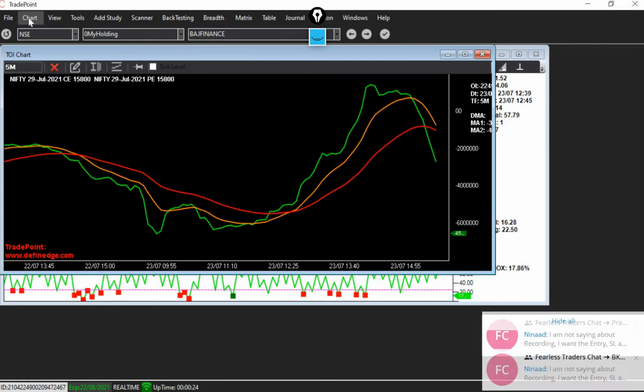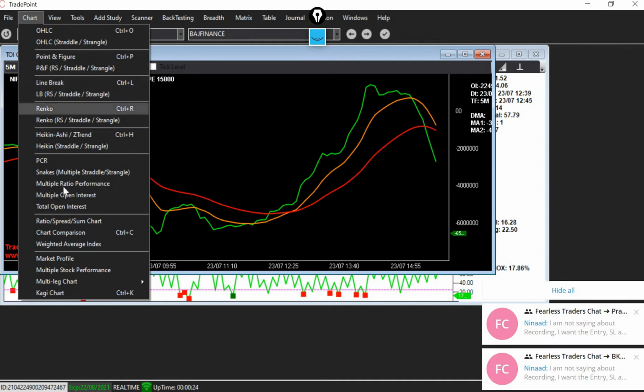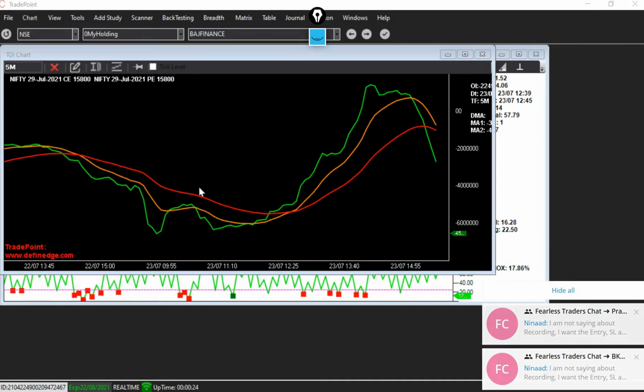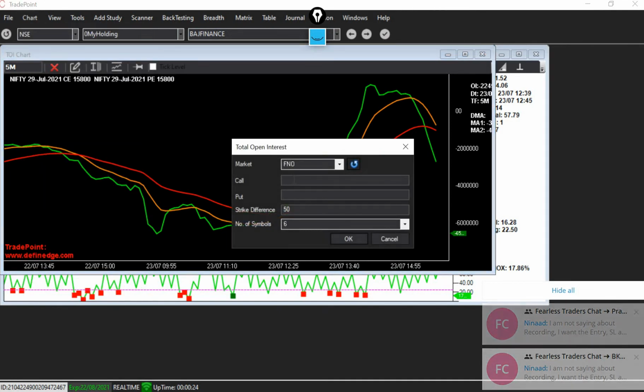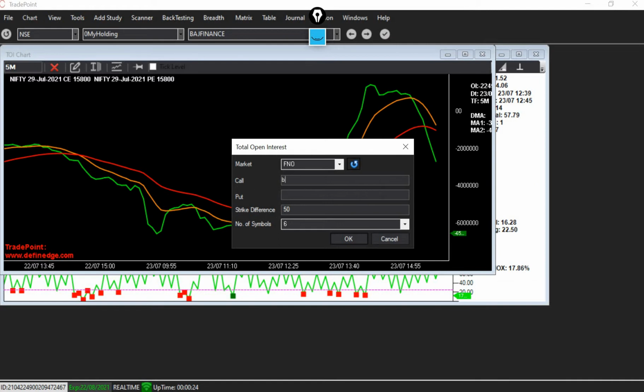Similarly, we need to add the total open interest for Bank Nifty. So click on total open interest, select the Bank Nifty at the money strike, which is Bank Nifty 35,000 call and Bank Nifty 35,000 put.